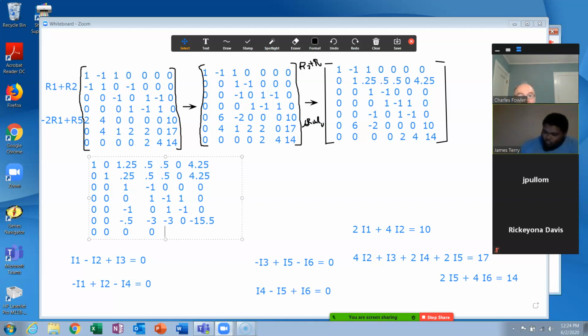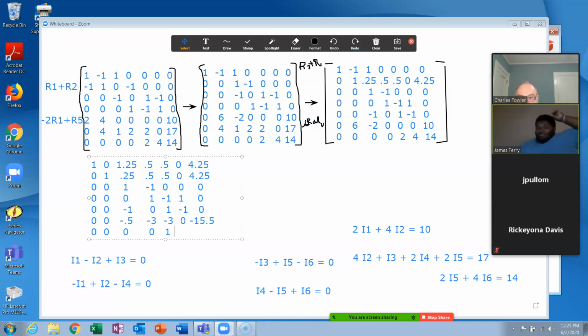Now, at this point, James, what should we do? Yeah, divide that last row by 2, and that's the other thing that you can always do. Multiply or divide by a non-zero number, and we're going to choose to divide by 2 to make that a 1, blank, blank, blank, 2, blank, blank, blank, 7.